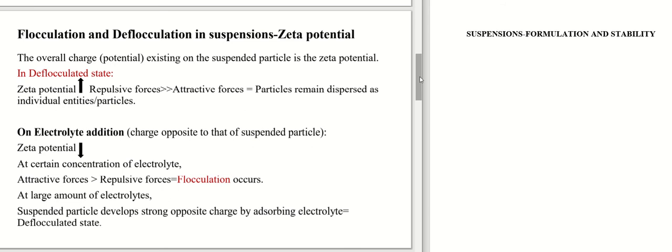In this lecture, we will be considering the electrical properties of suspended particles. Every suspended particle in suspension will possess some charge as they are finely divided particles, and this charge is technically known as zeta potential, the potential that is carried or seen on the suspended particle surface.